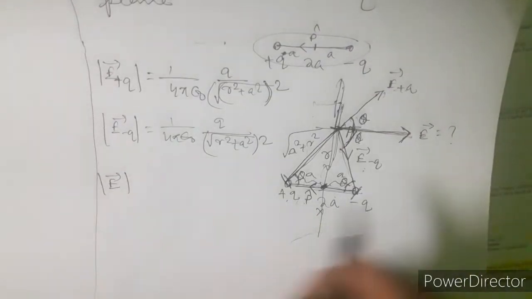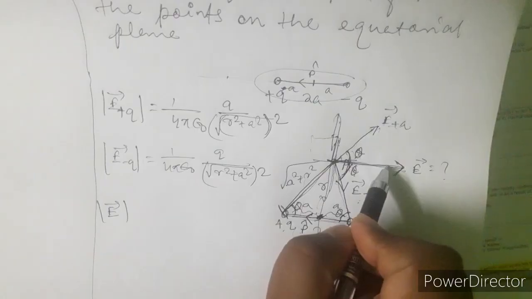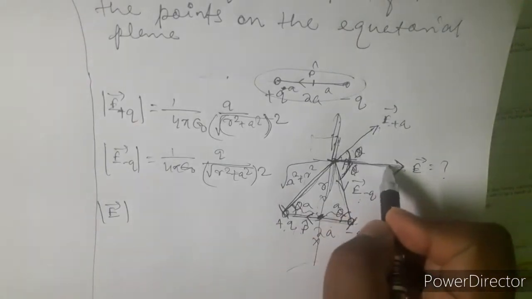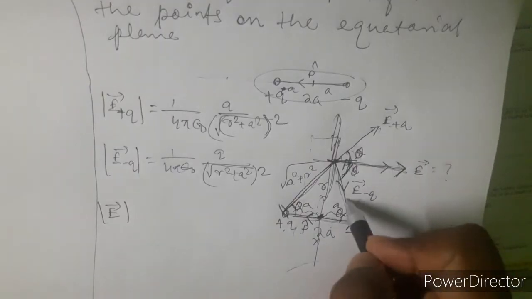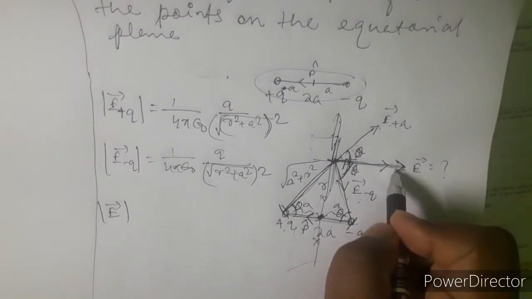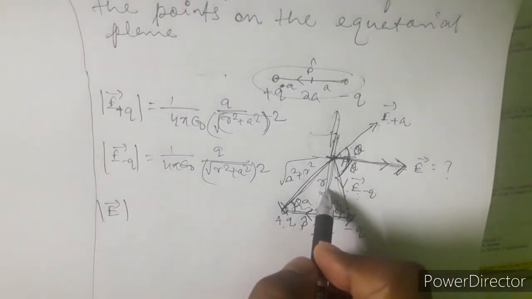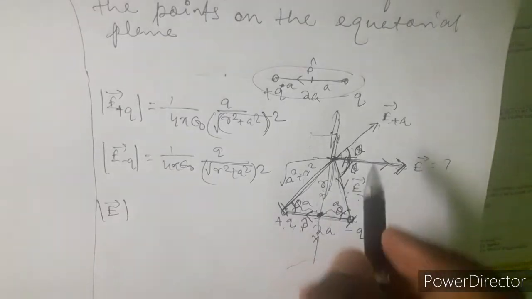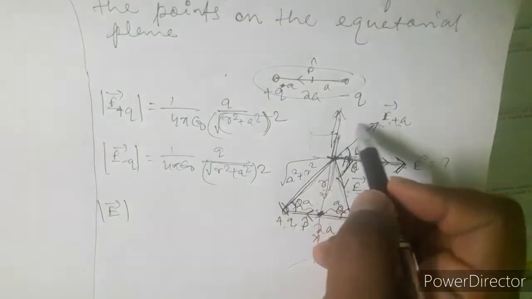So I was saying that this is theta, so the component of E plus Q on this parallel line will be E plus Q cos theta, and E minus Q also will have the component E minus Q cos theta. Now E minus Q will also have a vertical component, that is E minus Q sin theta, and E plus Q will also have a vertical component, that is E plus Q sin theta.